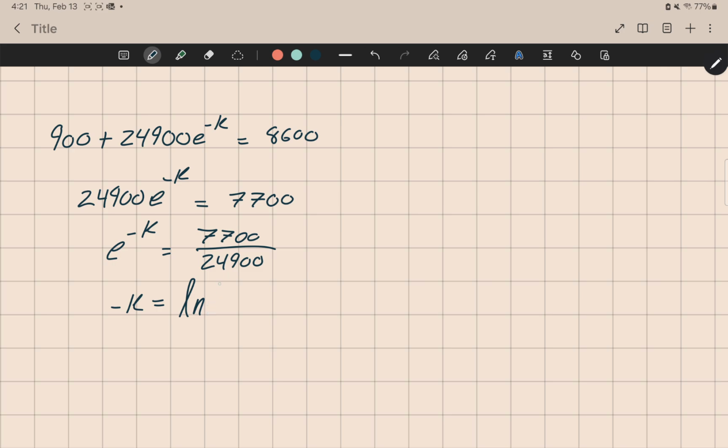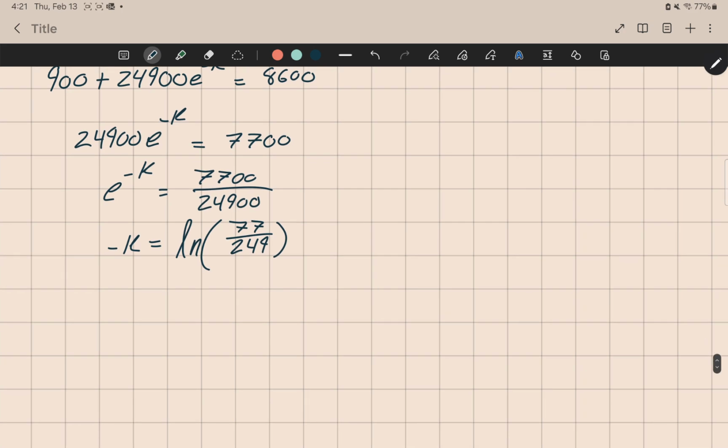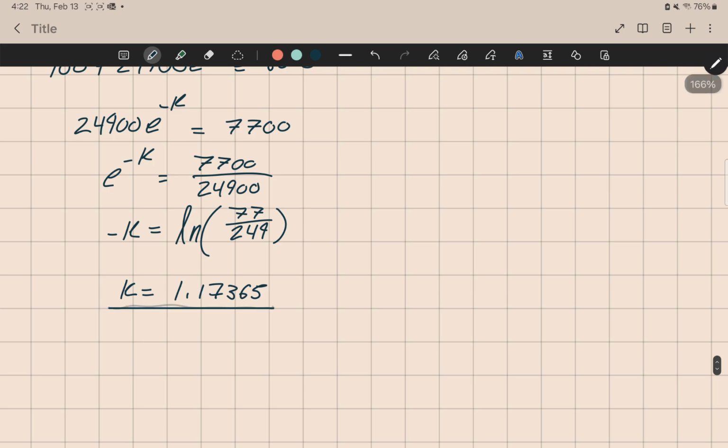We can get rid of the zeros, so we end up with a natural log of 77 over 249. A little easier to write. And then that's actually going to equal negative k is equal to negative 1.17365, and then our negative signs will cancel, and this ends up being our k value.